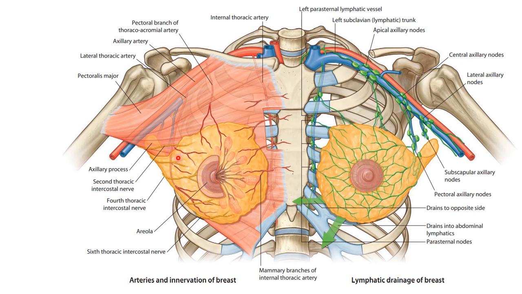It's important to know another thing: the breast has a process called the axillary tail, or axillary process, that extends along the lateral border of the pectoralis major and goes within the axilla. It may reach the axillary apex, to the first and second rib.